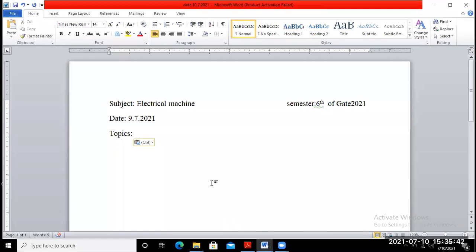So today we are going to discuss the various types of losses in a transformer and how we can find out the efficiency. Okay. So transformer losses and efficiency.